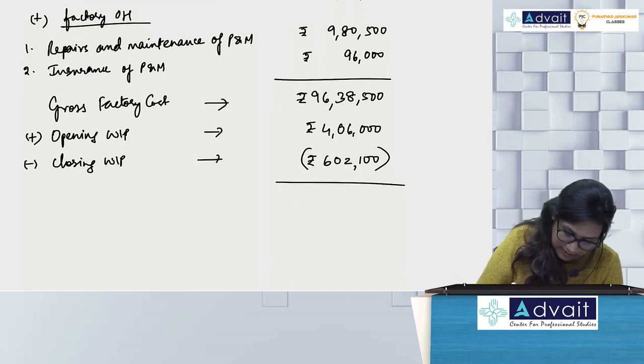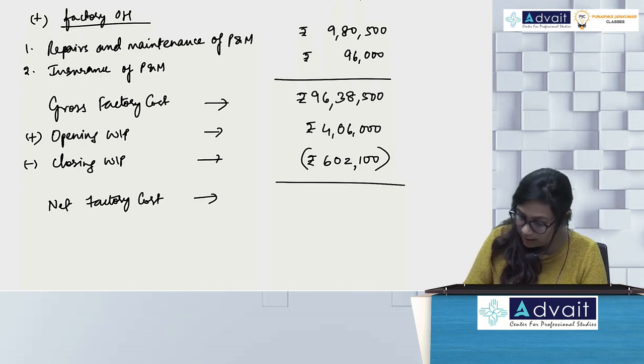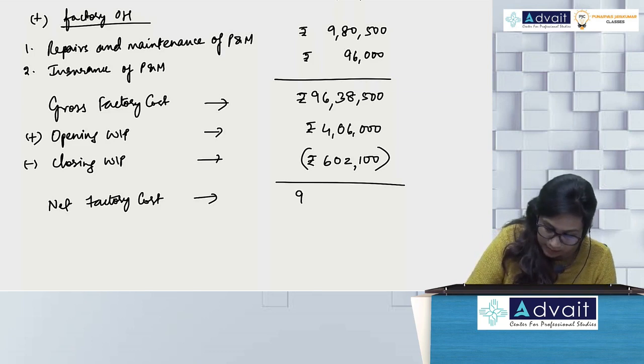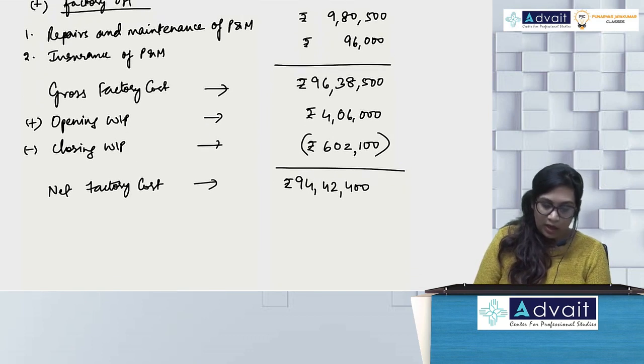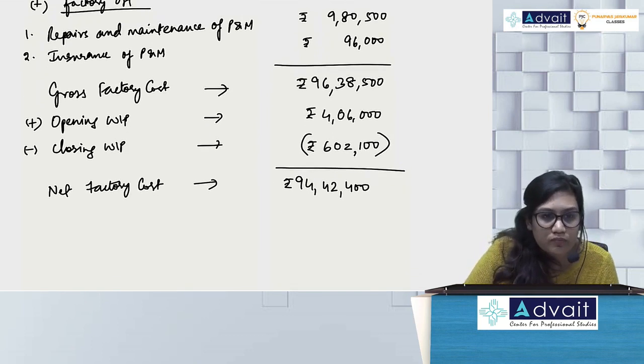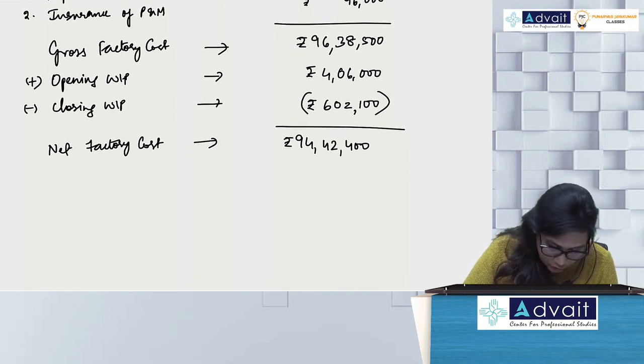So this is my net factory cost. Calculate करो कितना आता है? 96,38,500 plus 4,06,000 minus 6,02,100 is 94,42,400. Everyone's got this answer? Guys, yes or no? Yes. Okay. So net factory cost आ गया.